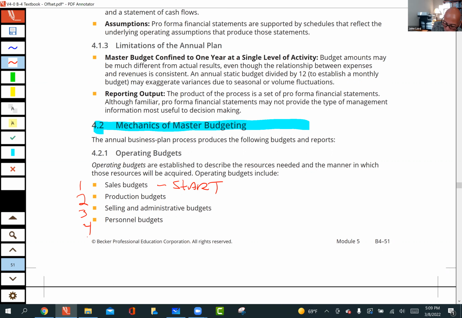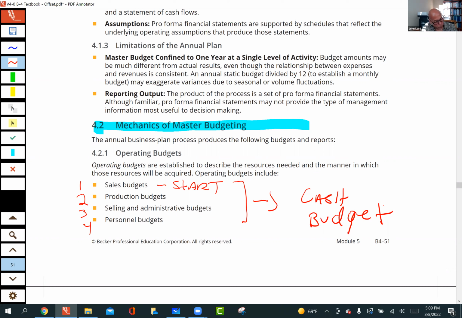What ends up happening is we generate a set of budgeted financial statements, but we also generate a cash budget from all of this information. We'll literally see how we'll be predicting what our cash balances are going to be as we go through this process.